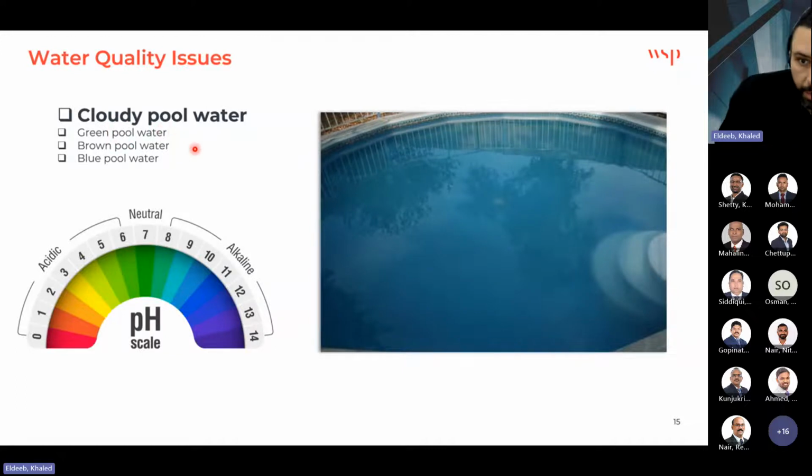This is an example of high pH levels. When the pH goes above the recommended range that I just mentioned, 7.2 to 7.8, it can cause cloudiness like that because, as I said, the chlorine will not be effective. Then we need to add more chlorine, and then the pool water will become cloudy because of too much chlorine. Also, cloudy water might happen if we are not rinsing after filter backwash, and we are going to show you videos in the next session when we discuss the sand filter and the backwash.